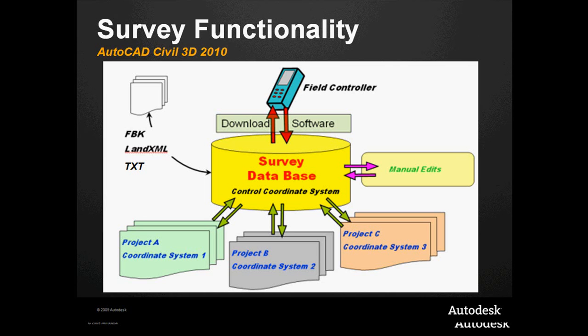LandXML will bring in line work. The thing we need to remember on LandXML, there's actually 2 flavors of LandXML. There's the one that everybody deals with, and then there's what's called Survey LandXML. The reason I say that is Trimble will export a LandXML file. If we just bring that in or leverage that, the lines that we shoot in the field, it will think they're roadway center lines.